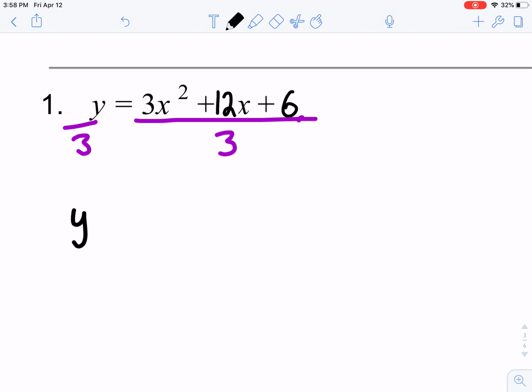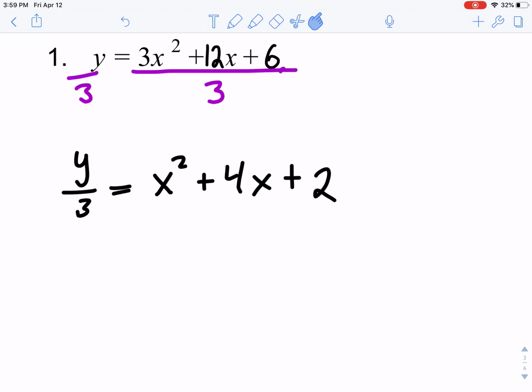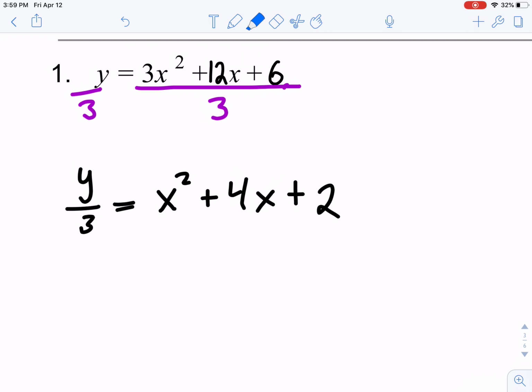And now on one side, I get y over 3 equals x squared plus 4x plus 2 on the other side. And now I have a c term that I'd like to get rid of. I don't want it on this side.